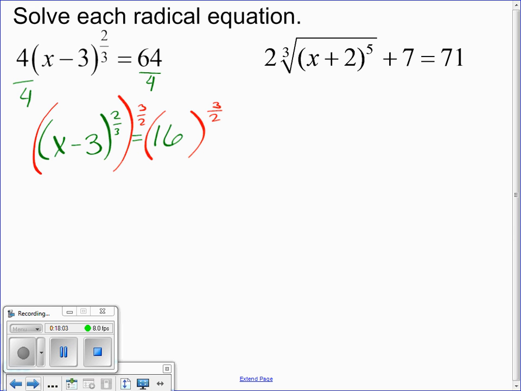That way I can actually do something to solve this for x. So what is 2/3 times 3/2? It's 1. 2 times 3 is 6, 3 times 2 is 6, 6/6 is 1. So that gives me an exponent of 1, which is what I want for it to go away.